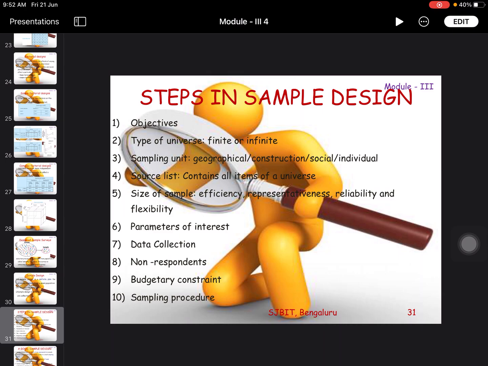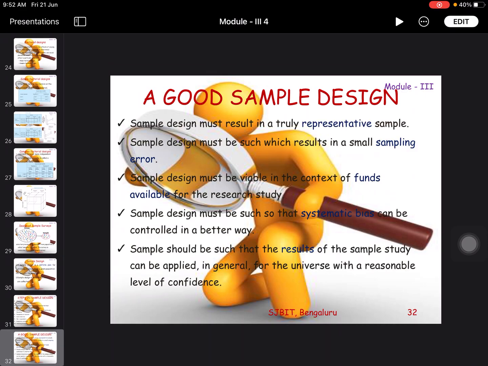So data collection has to be done in order to execute that. Non-respondents are to be kept aside, and budgetary constraints have to be thought about, because the procedure should be economical in conducting the research throughout. Hence it is required to be taken up in that context, and the sampling procedure has to be done.